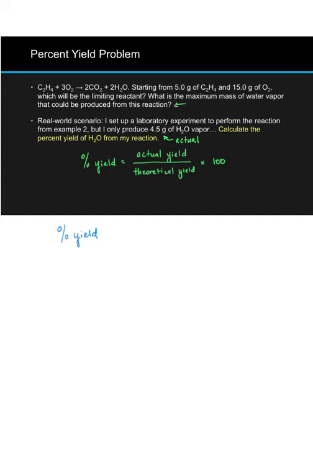And our solution to this problem, the 5.63 grams of water we calculated on the previous set of slides, was our theoretical yield. Therefore, our percent yield is actual 4.5 grams divided by theoretical 5.63 grams times 100.